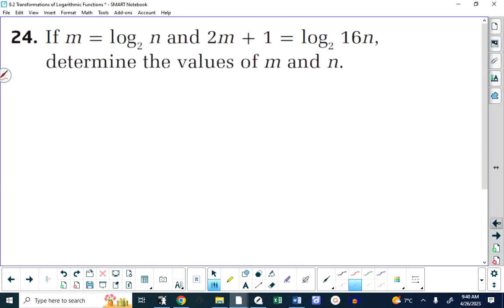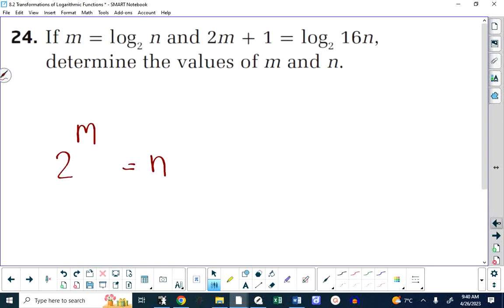But along the lines of what I mentioned earlier, when I see m equals log base 2 of n, why don't I just write down what that is in exponential form? That means that m is the exponent on 2 that gives you n.